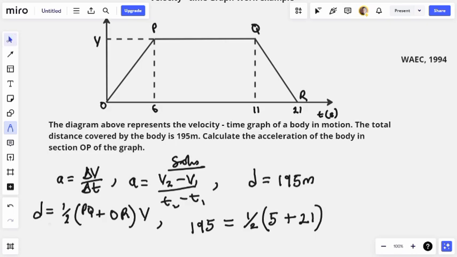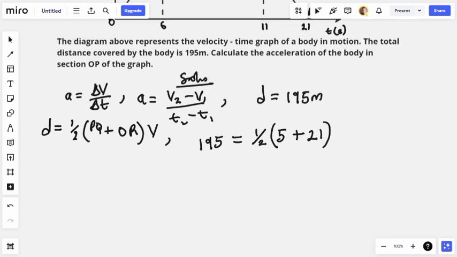So we proceed. Our 195 will now equal 1 over 2.